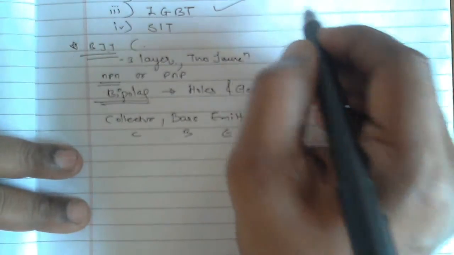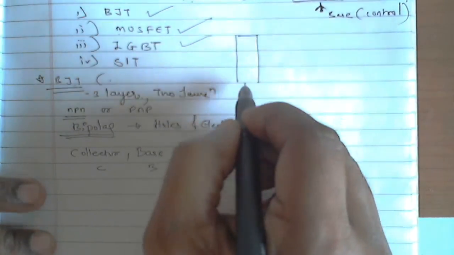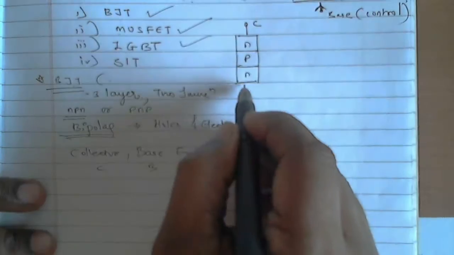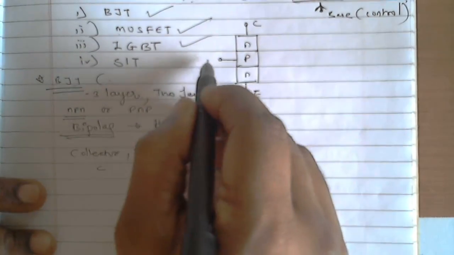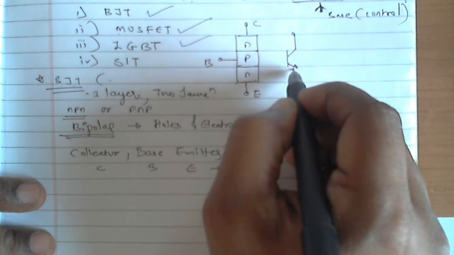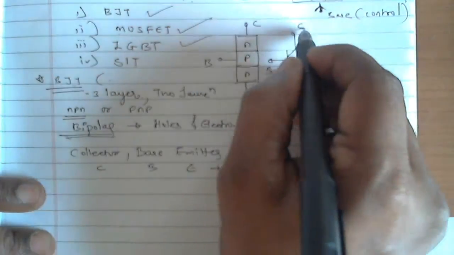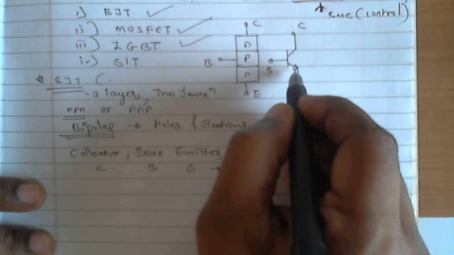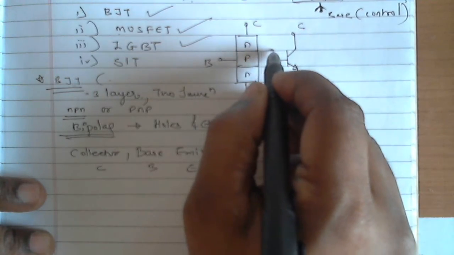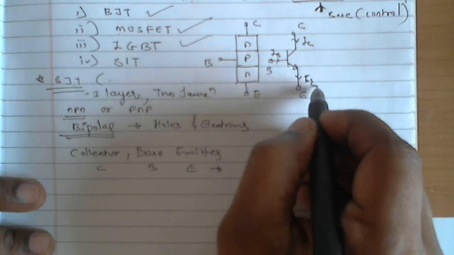This is the base current, this is the collector current, this is the emitter current.